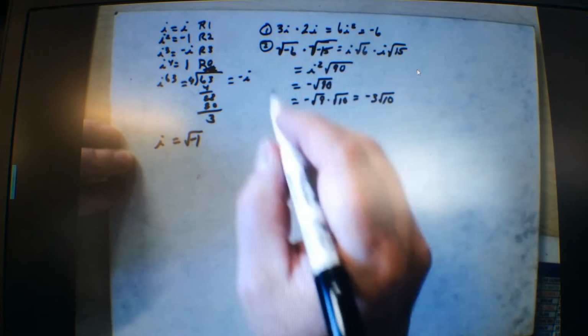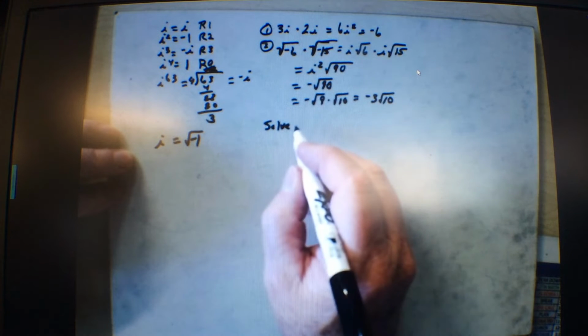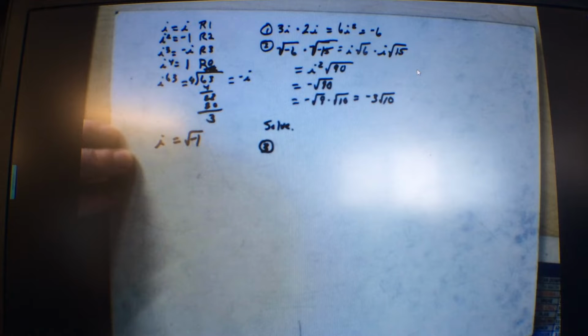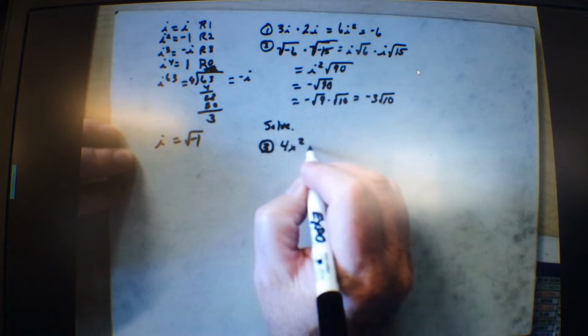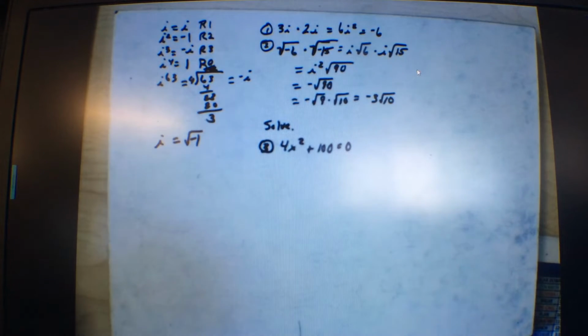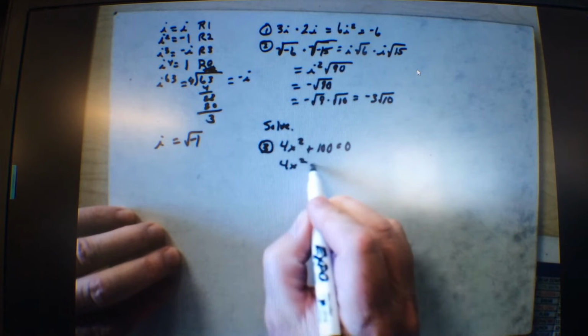Now, this was simplifying. We can also solve equations based on this. What if we had 4x squared plus 100 equals 0? This is how I started. You probably don't remember it the other day, but we created these numbers so that we could use them to solve equations. So what we get is 4x squared equals -100.